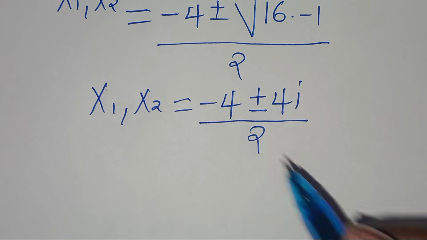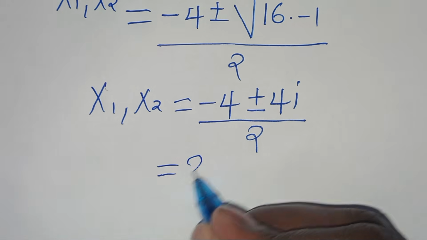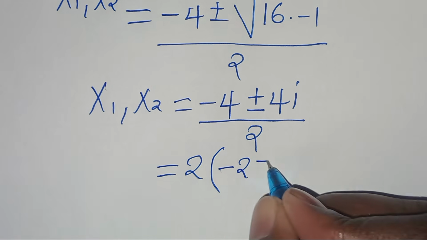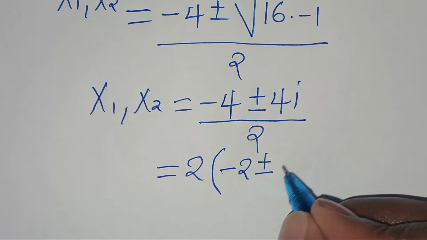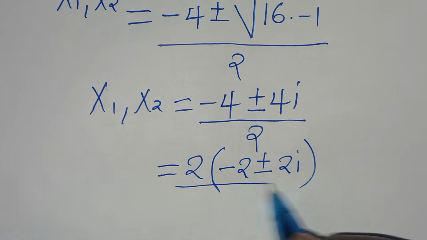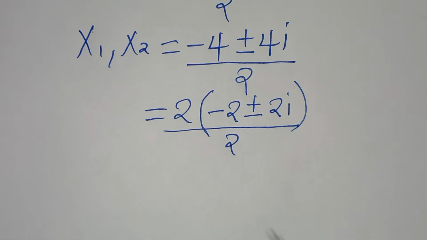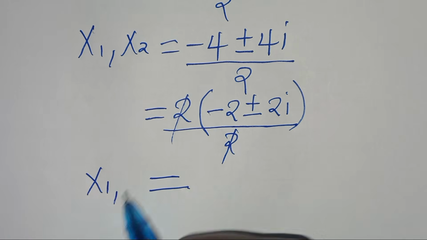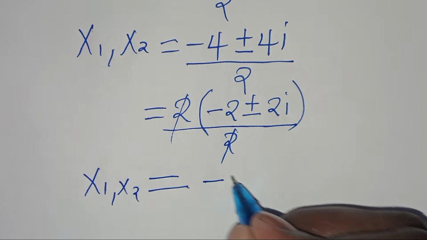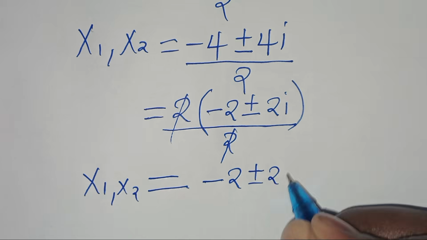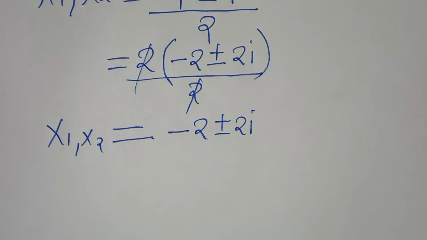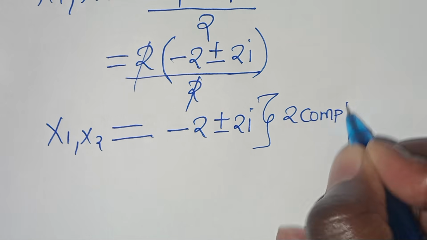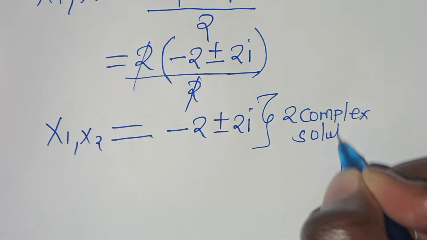In the numerator, 2 is common, so we can factor out 2: minus 4 divided by 2 is minus 2, plus or minus 4i divided by 2 is 2i. So x1, x2 is equal to minus 2 plus or minus 2i. These are two complex solutions under case 1.